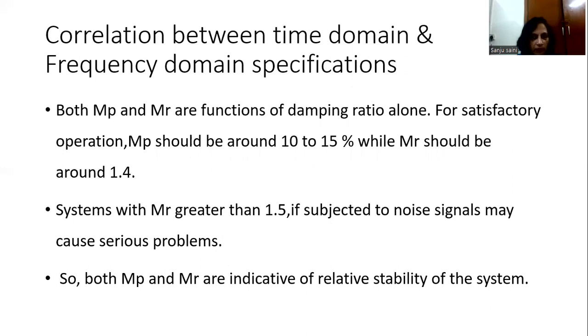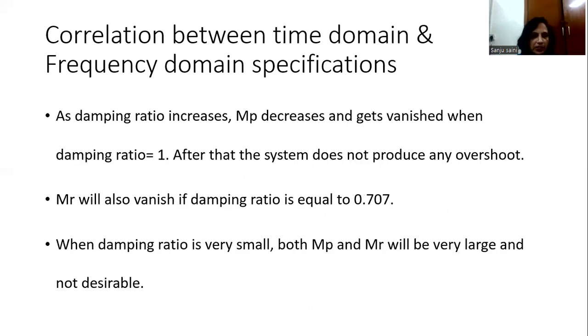So for satisfactory operation, MP should be around 10 to 15%, while MR should be around 1.4. In case MR is greater than 1.5 and the system is subjected to a noisy signal, it may cause serious problems. So both MP and MR are indicative of the relative stability of the system. That is the biggest correlation between them.